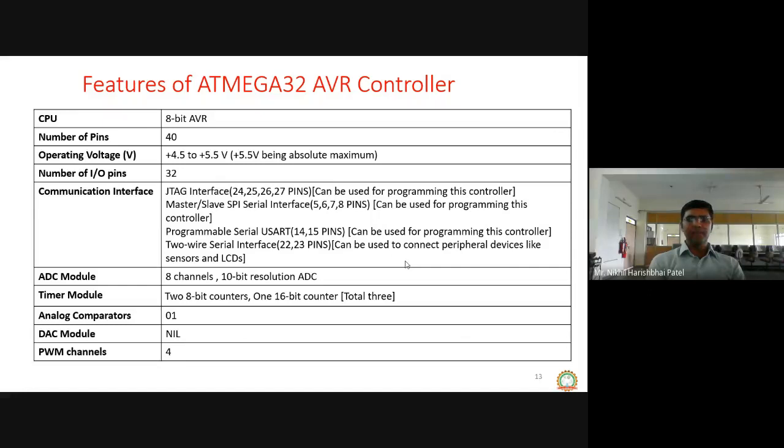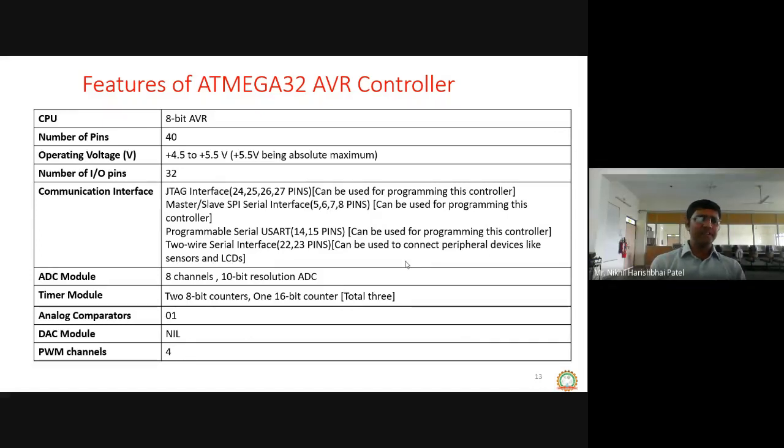The number of pins available is 40. The operating voltage is up to 5.5 volts, and the minimum voltage is 4.5 volts. See here that there are 32 IO lines available in this Atmel AVR controller. So if you want to connect an LCD, keypad, or sensors, there are enough IO lines available in this AVR chip.